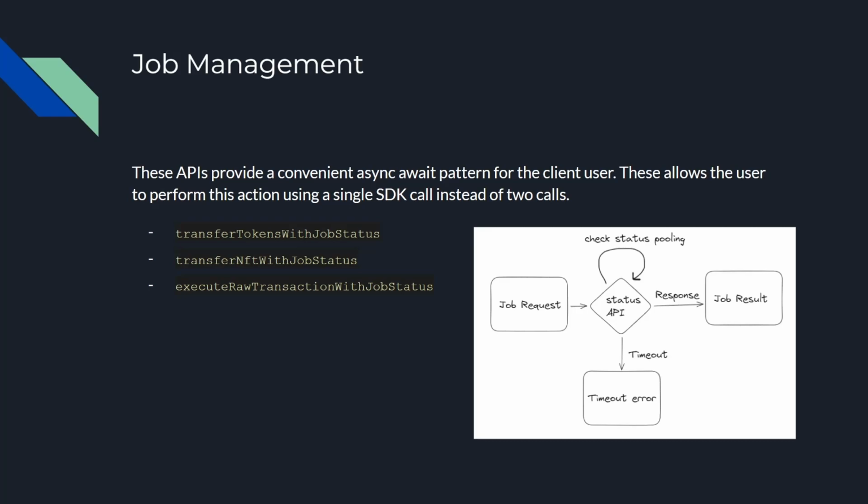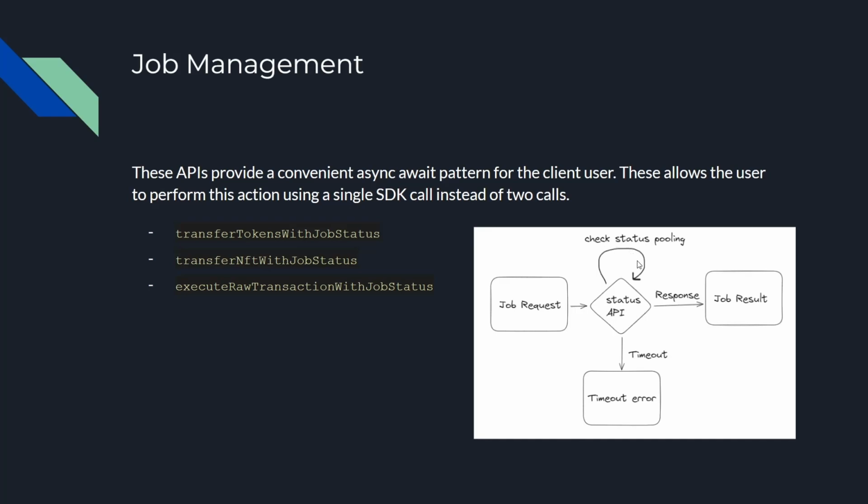So here's how the process goes. First, we have a job request, and we have a status API. Usually when a job request comes, the blockchain takes some time for the request to be processed. That's why we have a status polling mechanism where we check whether the job has been completed every, say, 5 seconds or 1 second.